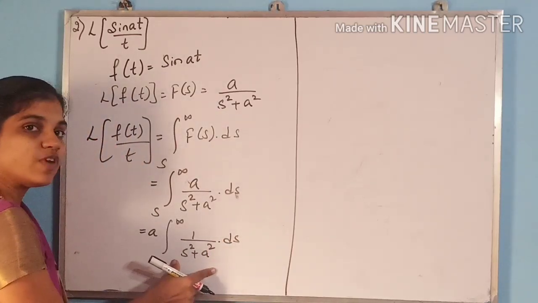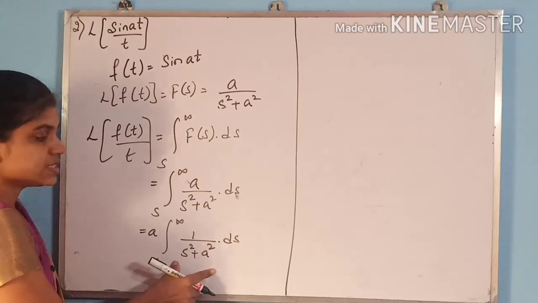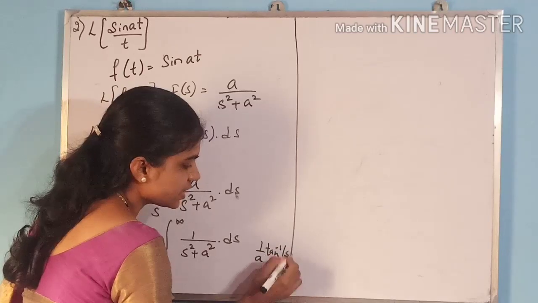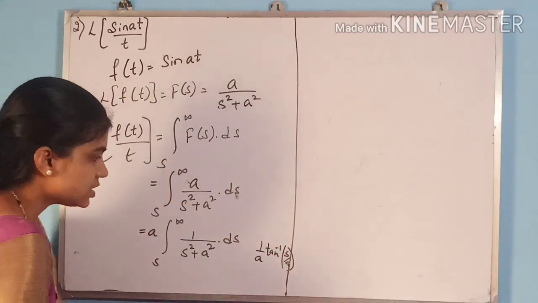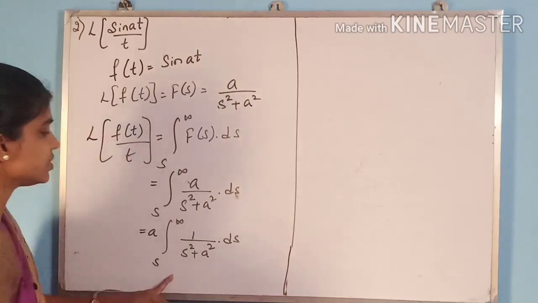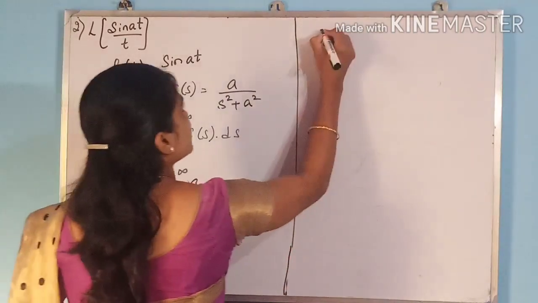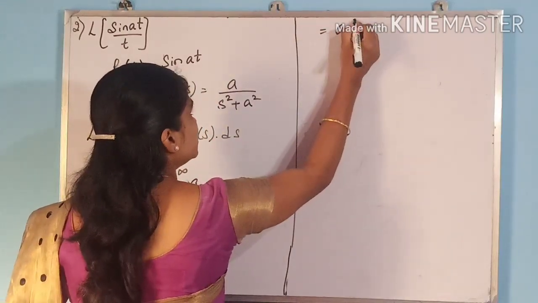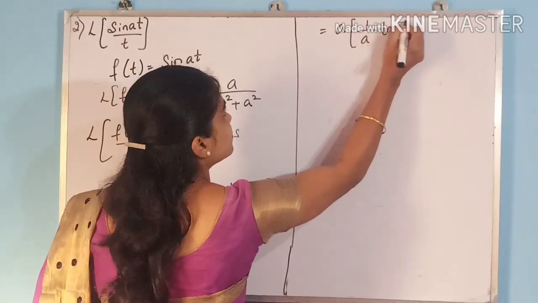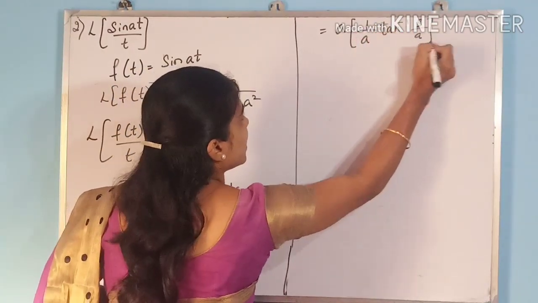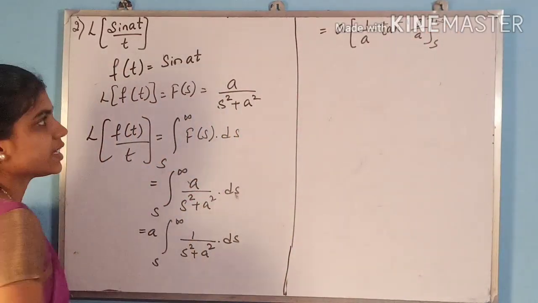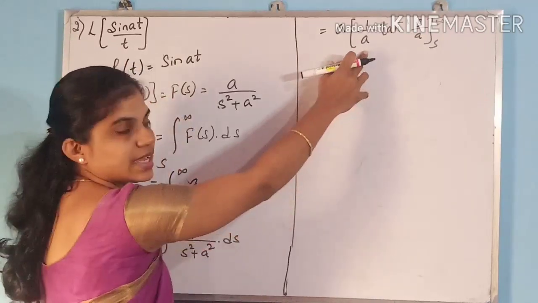Now, integration of 1 by s square plus a square is nothing but 1 by a tan inverse of s by a. I hope you remember this. So I am going to apply the formula here and write it directly. So this is equal to a into 1 by a tan inverse of s by a, apply the limits s to infinity. 1 by a is a constant, so I can take it out and these two get cancelled.